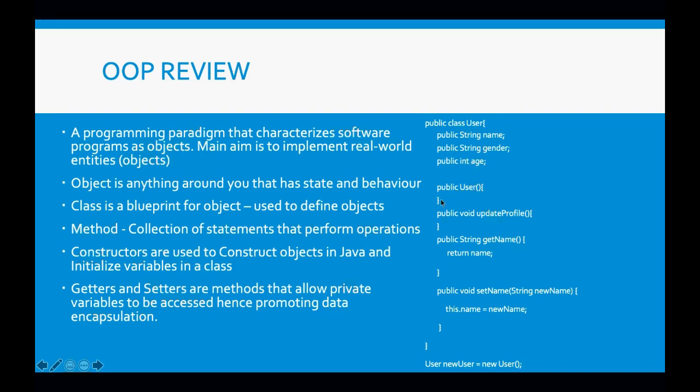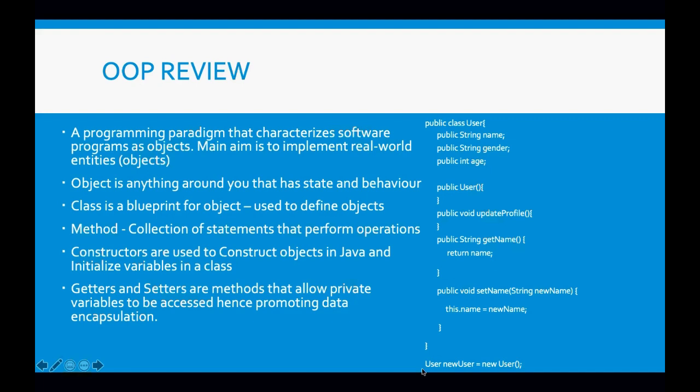My user has one constructor that takes in no parameters, and I've got three methods. So this is the user-defined method, update profile, and these are my getters and setters that I use to access my variables that are private instead of public. So my variables in this class don't leave this class. I only access them through my getters and setters.